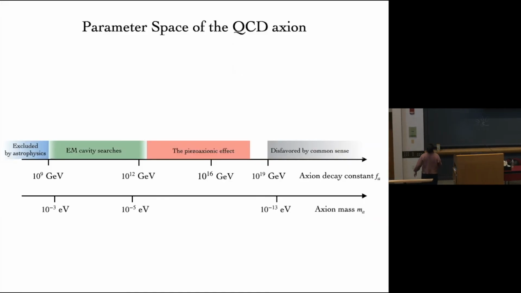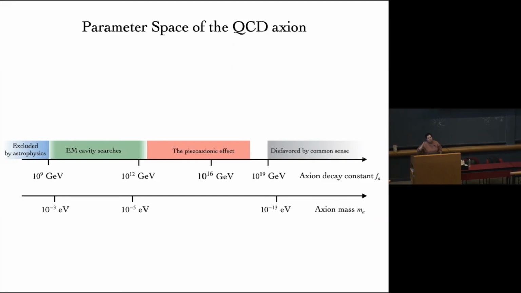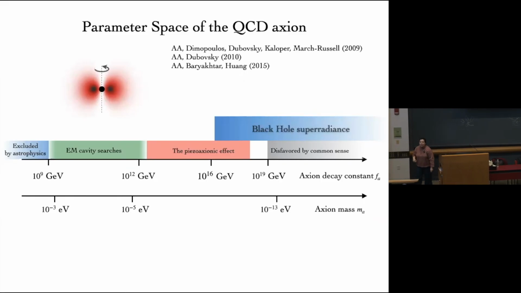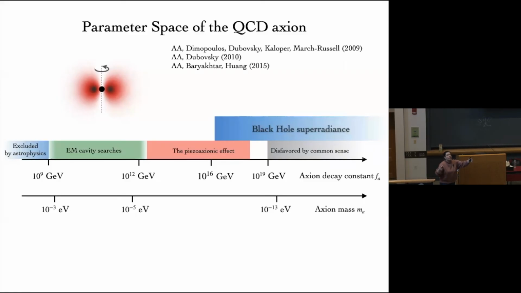An interesting thing that I don't have time to talk about, but I'm extremely proud of, so I had to put it in there, is the effect of black hole superradiance. There is a cool thing that can happen for the QCD axion, in fact for any axion, when their Compton wavelength becomes of order the size of astrophysical black holes.